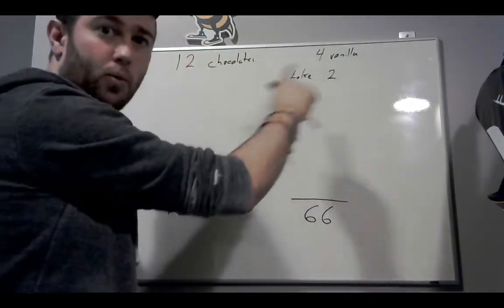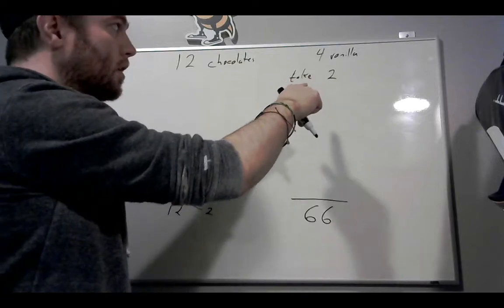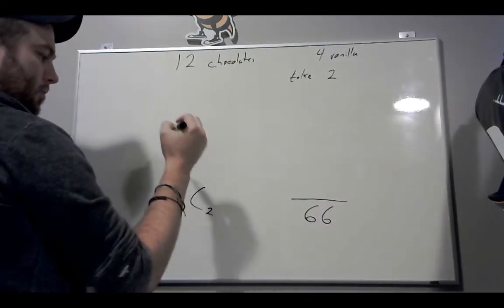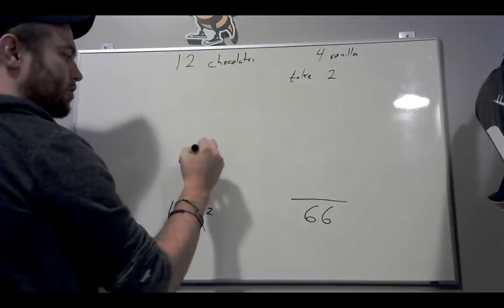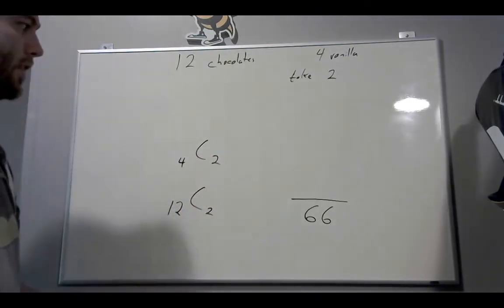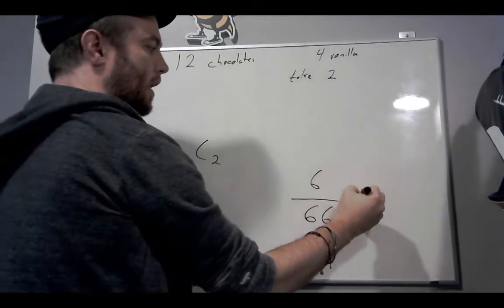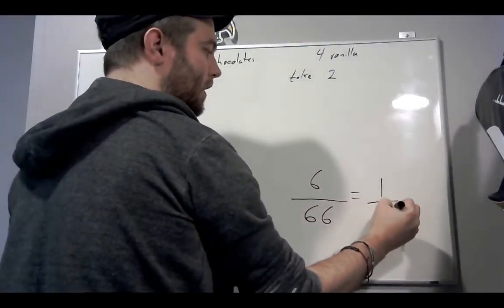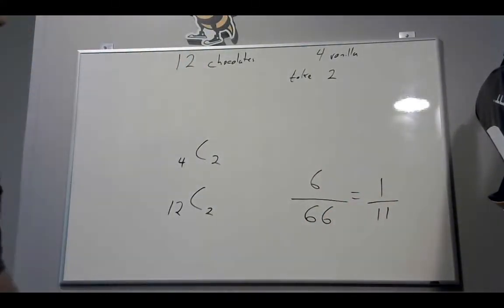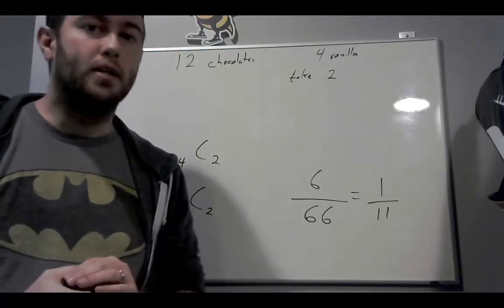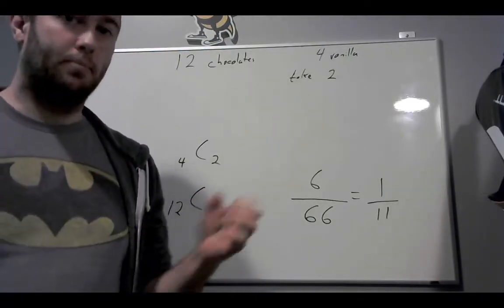But again, the order doesn't actually matter. So my event is really just going to be 4, choose 2. So 4, choose 2 gives me 6.